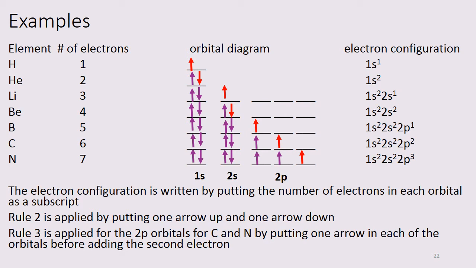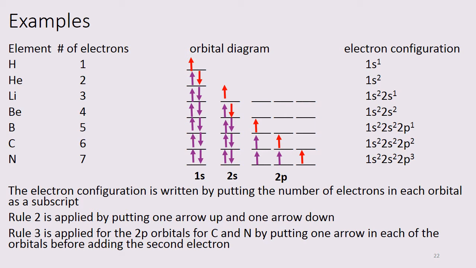All right, now when carbon comes along, notice that I put the next arrow on the second line, rather than pairing up the first 2. This is rule 3, Hund's rule, that says if you have orbitals of the same energy level, and all 3 of these p orbitals are the same energy level, then the electrons want to half fill the orbitals before they pair up.